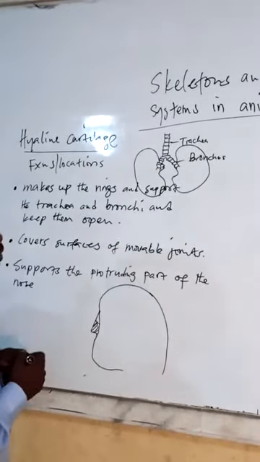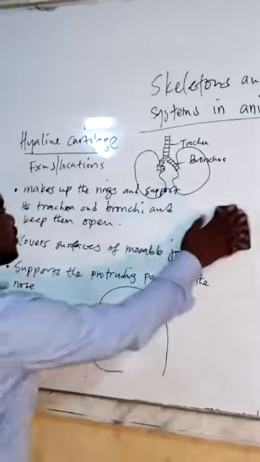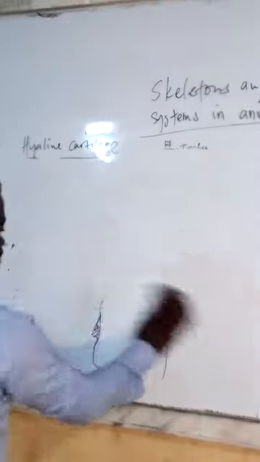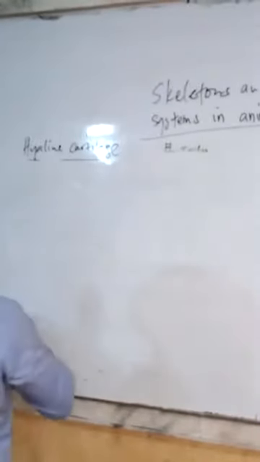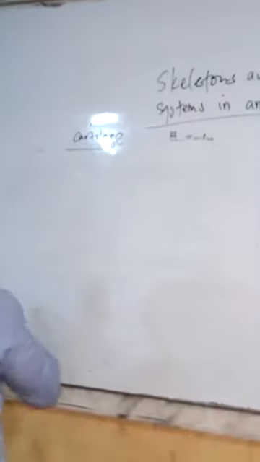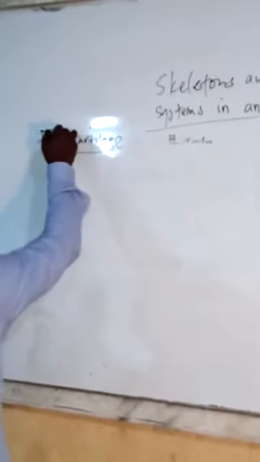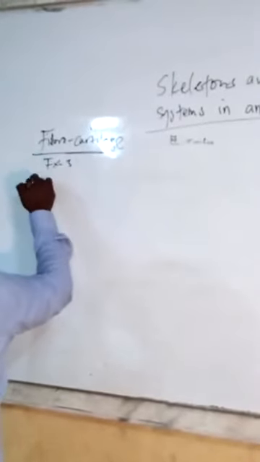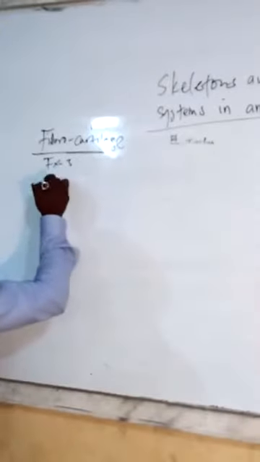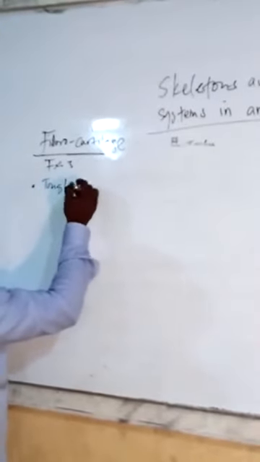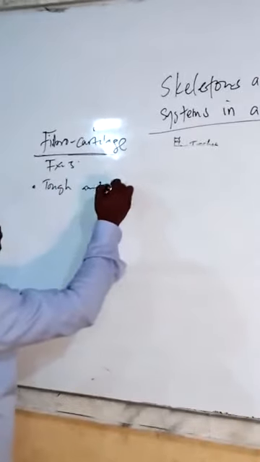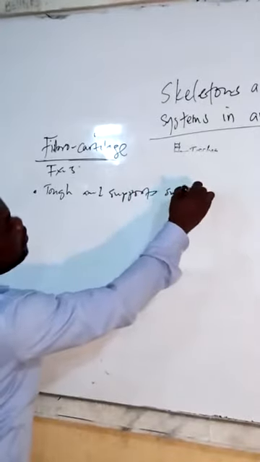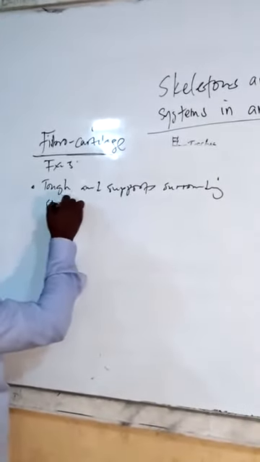Okay, the next thing is that we can also talk about the next cartilage, which is the fibrocartilage. So fibrocartilage functions. You will find that fibrocartilage is tough material, okay, tough, and therefore supports surrounding structures.